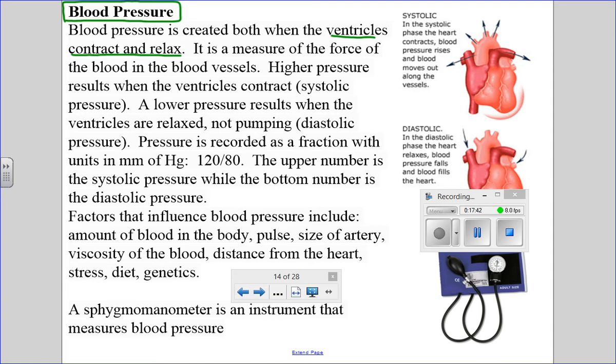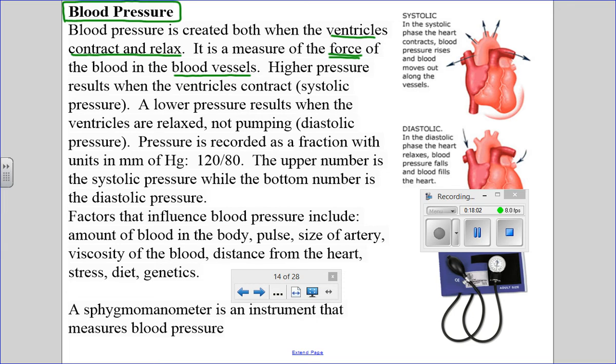And so what we're really measuring is the force of blood in your blood vessels. Now you might know that when you measure blood pressure, there are two numbers that you measure.